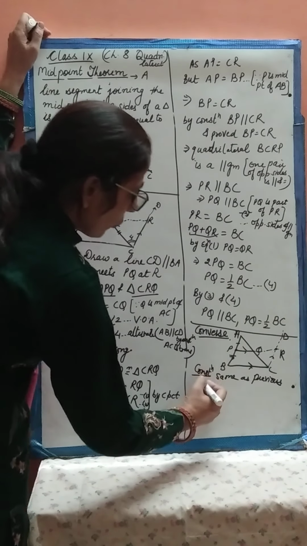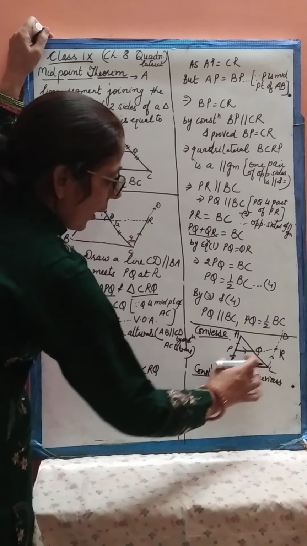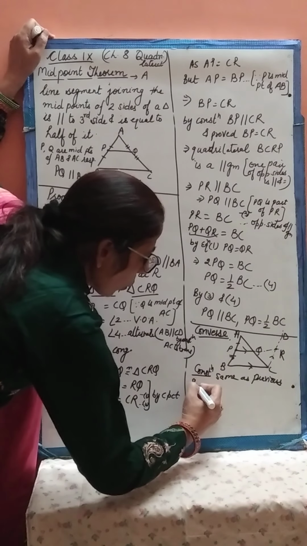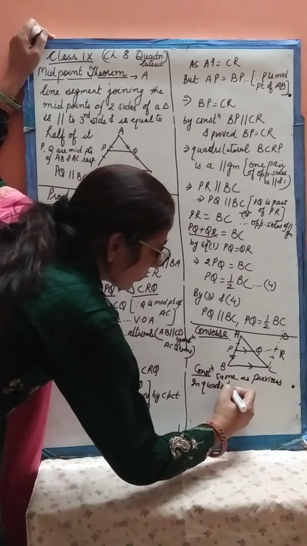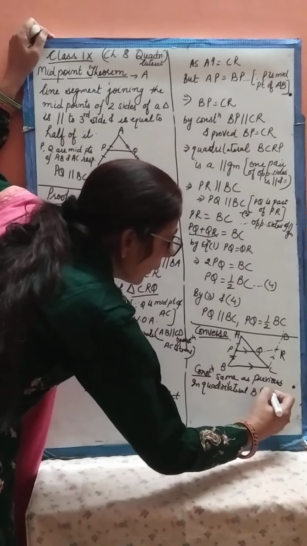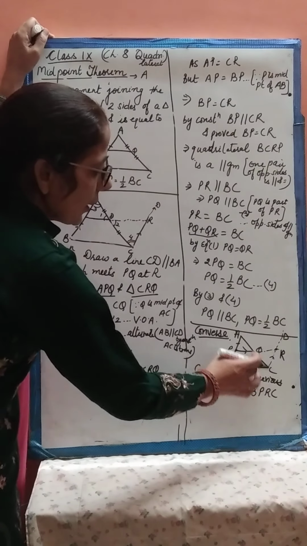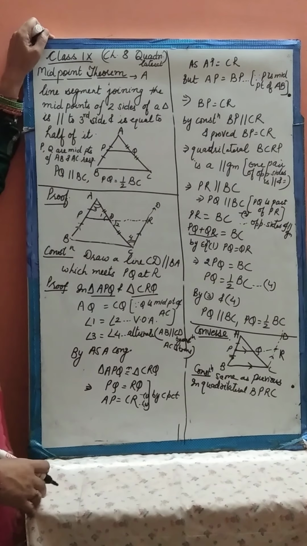We will start from this quadrilateral BPRC. In quadrilateral BPRC, this side is parallel to this side, and this is parallel to this. So it's a parallelogram.